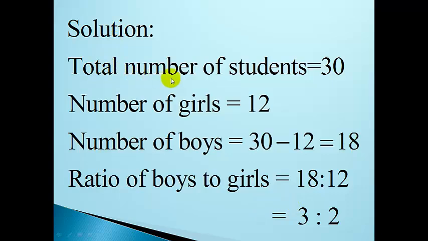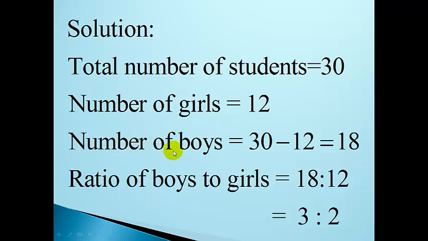Solution: the total number of students is equal to 30. From the question, the number of girls is equal to 12. So if you want to know the number of boys, we have to subtract the number of girls from the total number of students.